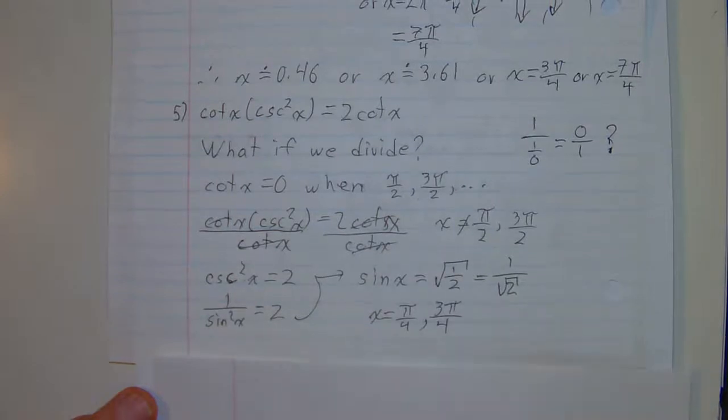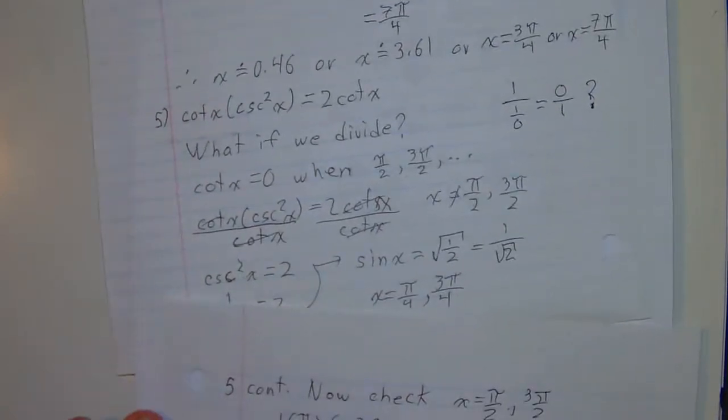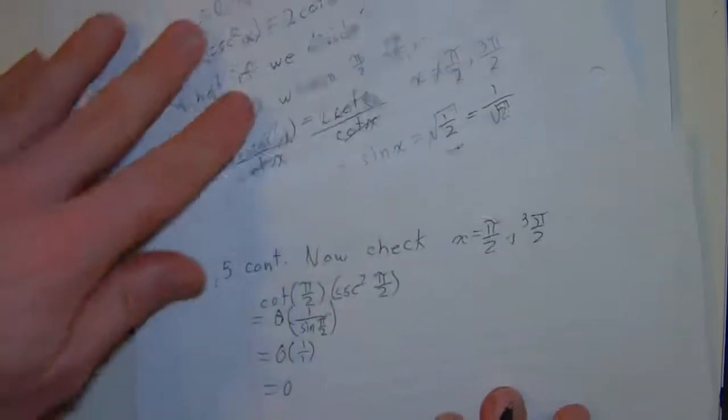And at 90 degrees, or at pi by 2, sine is equal to 1. So that's 0 times 1 over 1. So that is 0.